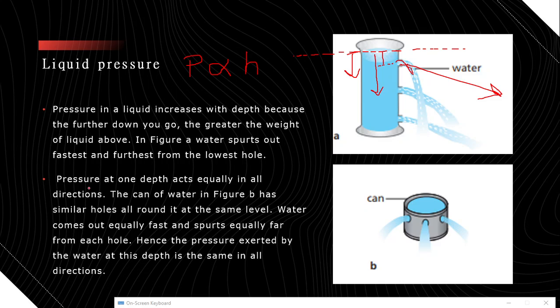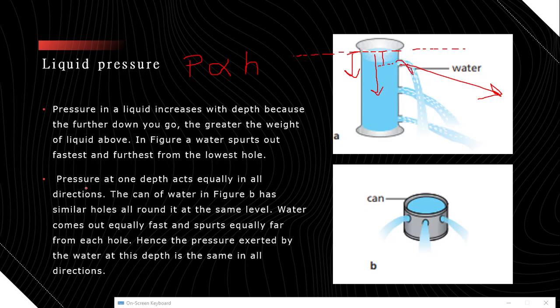Okay, the next concept that we have is that pressure at one depth acts equally in all directions. The can of water in figure B has similar holes all around it, and it is on the same level.